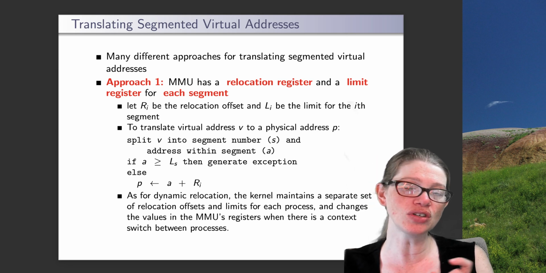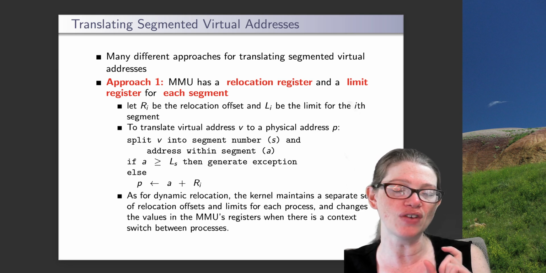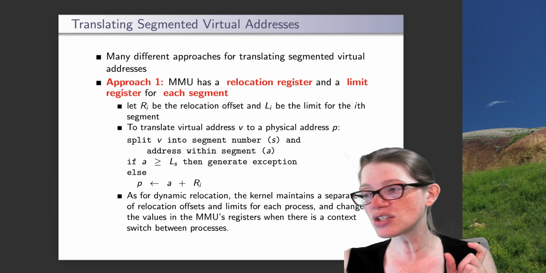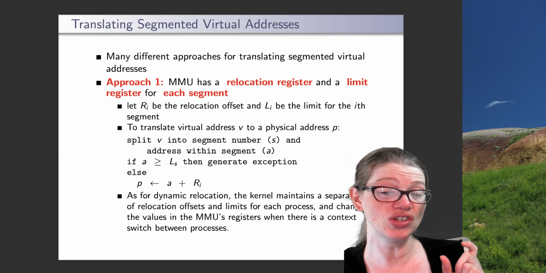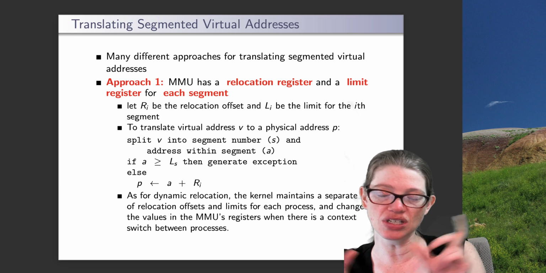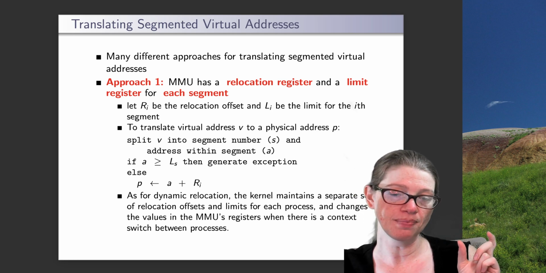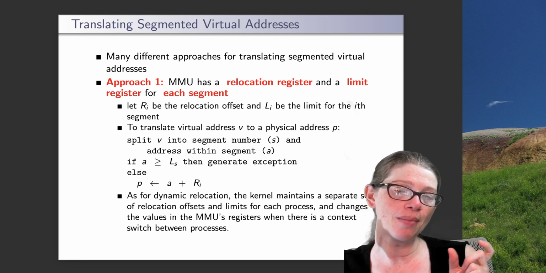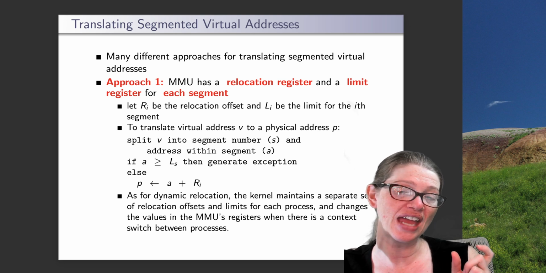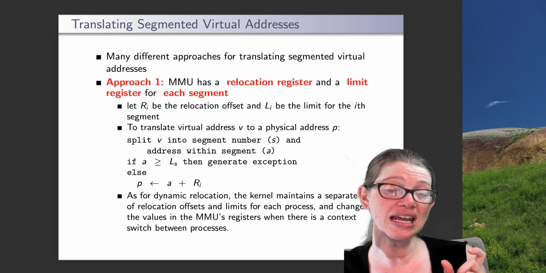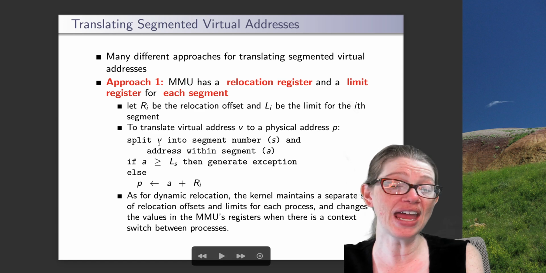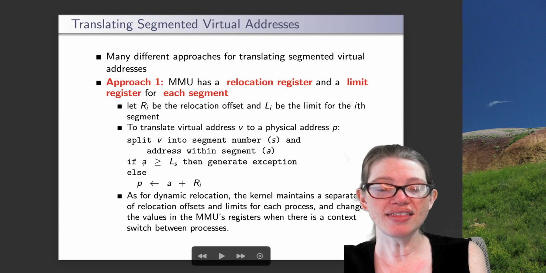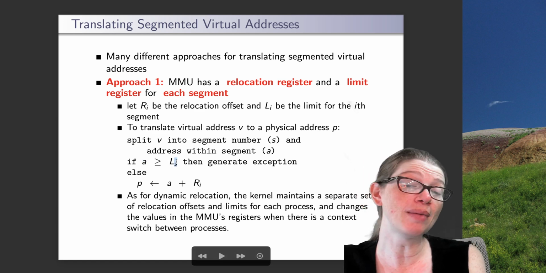And what the MMU is going to do, it's going to get the segment number from the address, and it's going to get the segment address, so the address within the segment. So it's going to split the virtual address into 2 parts. We're going to use the segment number to identify which relocation and limit register we need. And then we are going to compare the address within the segment to the limit for that segment.